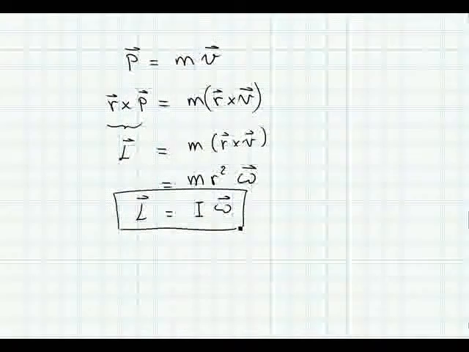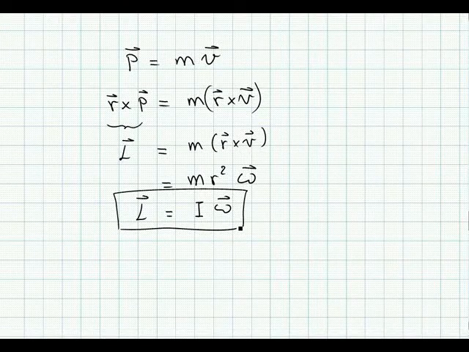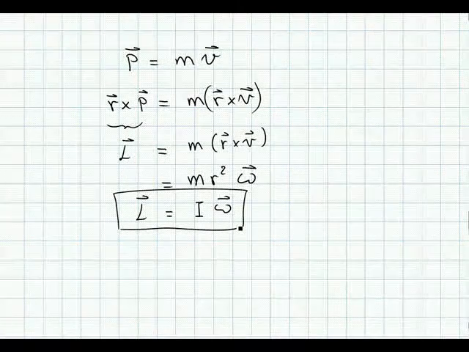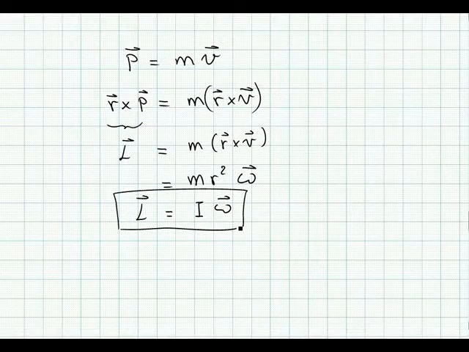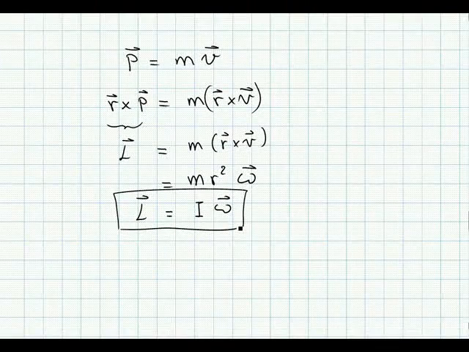So the magnitude of it is simple to figure out. It's a product of moment of inertia and angular velocity, and most importantly, the direction of angular momentum is the same as the direction of angular velocity.